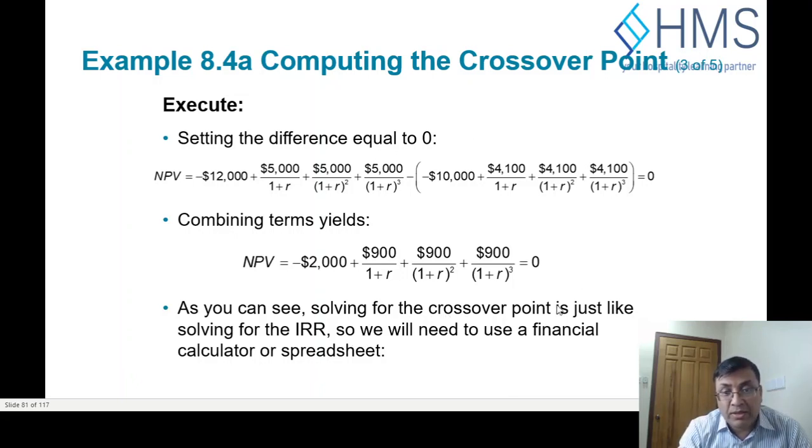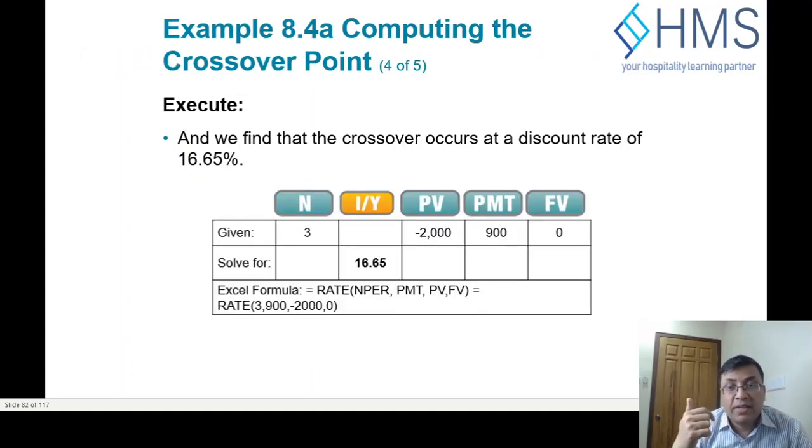So we get this initial investment of minus 2000 and 900. Here you calculate the crossover point, which comes to 16.6%. If your cost of capital is lower than 16%, then you will accept the first project. If it's higher, then you will accept the second project.